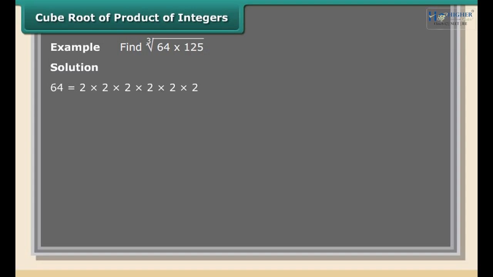Cube root of product of integers. Example, find cube root 64 into 125. Solution. 64 is equal to 2 into 2 into 2 into 2 into 2 into 2. 125 is equal to 5 into 5 into 5.